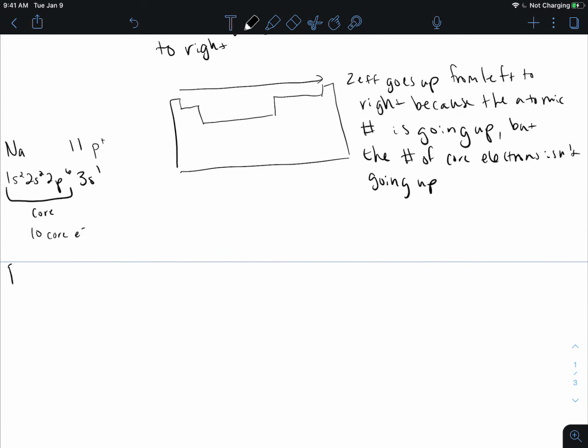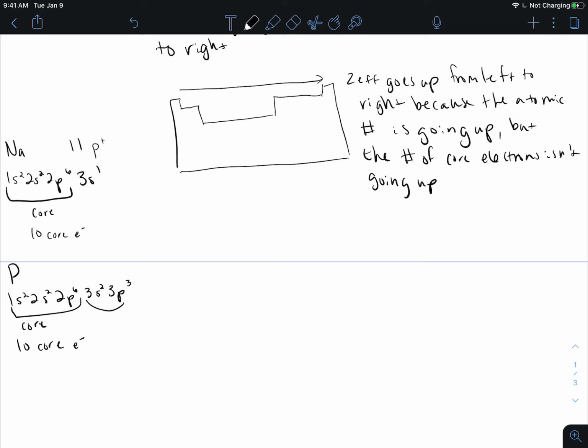Now look at something like phosphorus. Phosphorus is 1s2, 2s2, 2p6, 3s2, 3p3. So we have the same core electrons; we have not increased our core electrons. We have 10 core.